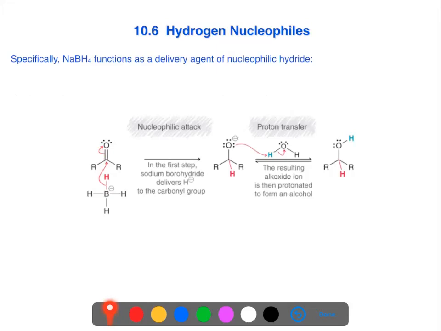The net result of that nucleophilic attack is the formation of our tetrahedral alkoxide intermediate. In the presence of a polar protic solvent like water, we undergo a proton transfer reaction, which generates the alcohol and produces some hydroxide. Because hydroxide is a weaker base than the alkoxide, this reaction will be favored.